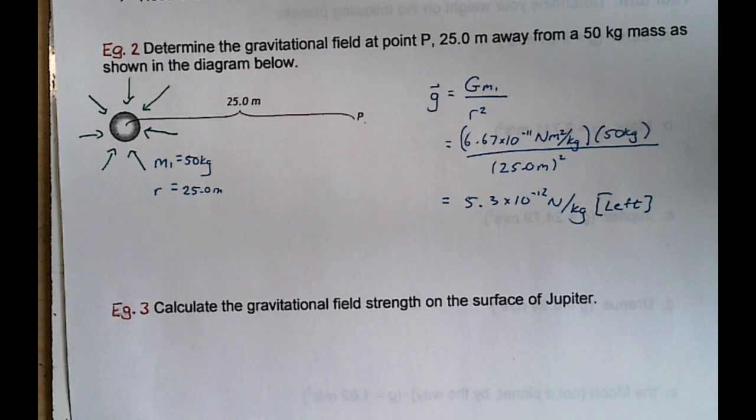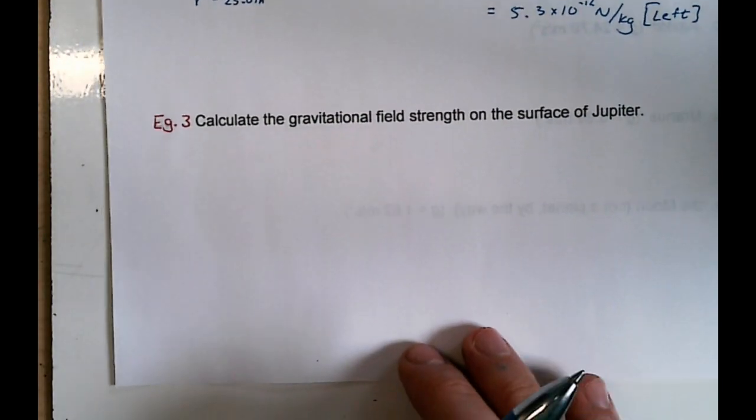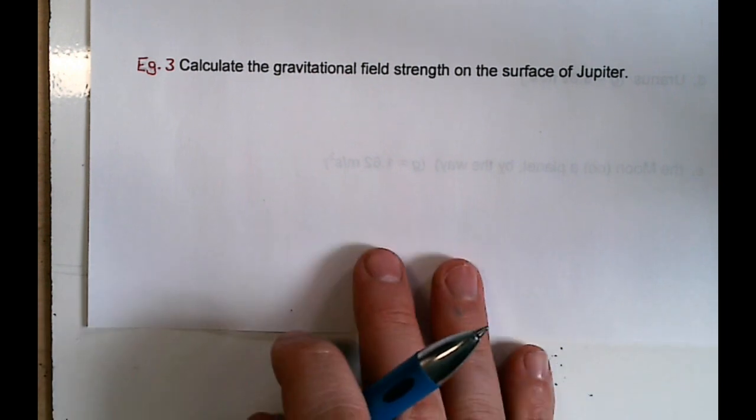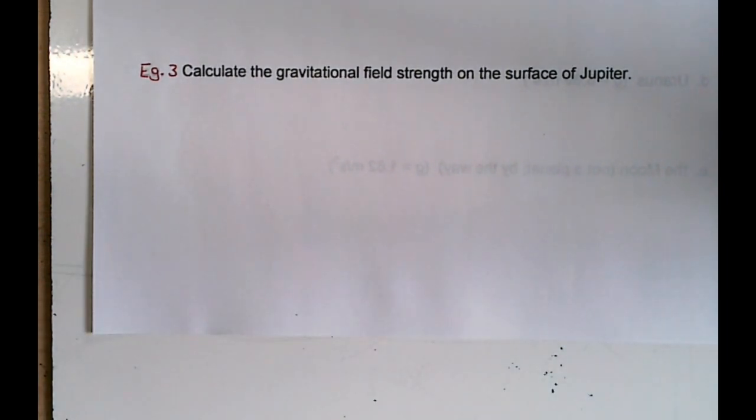In the next example, it wants us to calculate the gravitational field strength on the surface of Jupiter. For this, I'm going to give you some information that's not given in the question. If you were given a question like this, you would be given this information as well.